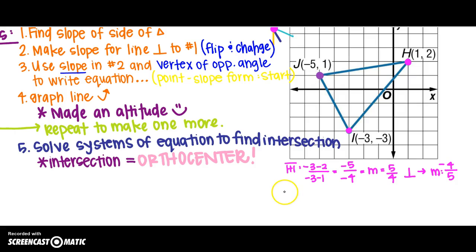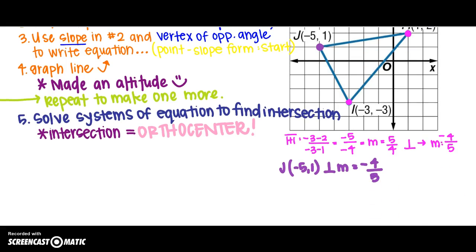So we need to use J being negative 5, 1, and our new perpendicular slope, which we just found to be negative 4 over 5. Because we have a point and because we have a slope, now we can write our equation through point J that will allow us to be perpendicular to HI.